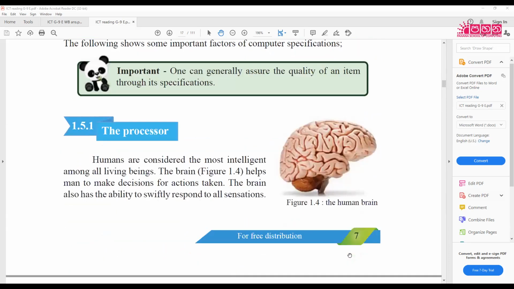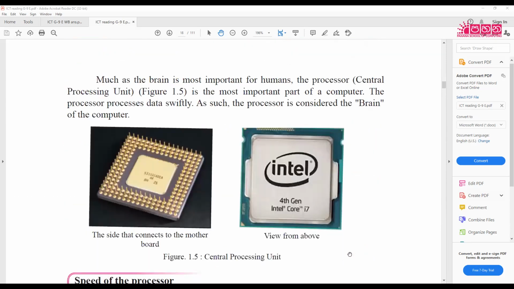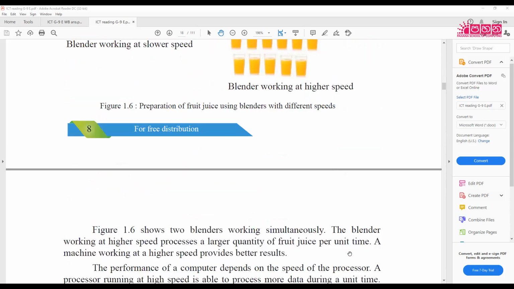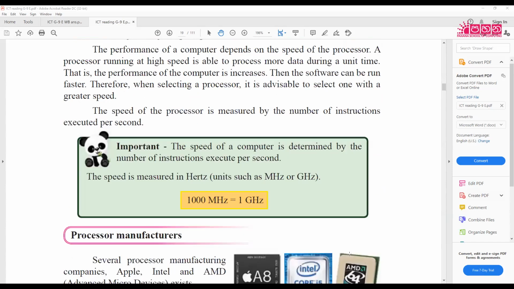Likewise with the computer, we have to focus on a few things. One thing is the processor, which means the speed of the computer is very important. The speed of the computer is measured in the unit called hertz. Simply put, hertz means the number of instructions you can execute per second.